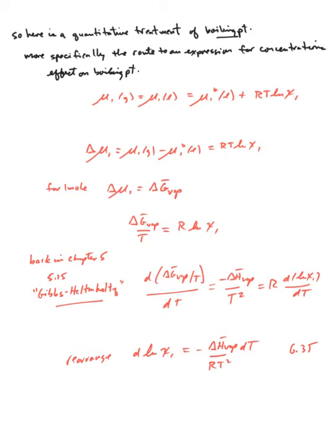So here's a quantitative treatment of boiling point, or more specifically, the route to an expression for concentration's effect on boiling point. We just established the idea, based on entropy and chemical potential, of why the boiling point changes. Here's where the degree of how far that dashed line gets moved from the solid line comes from.